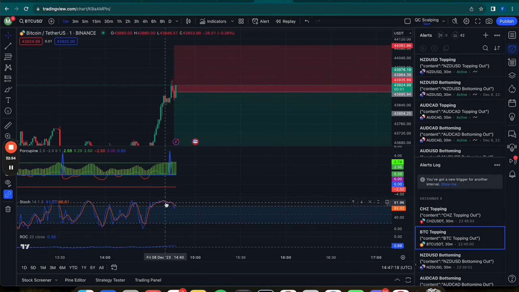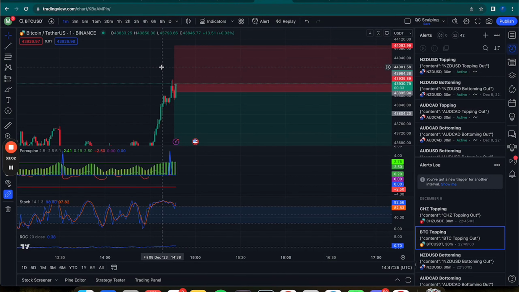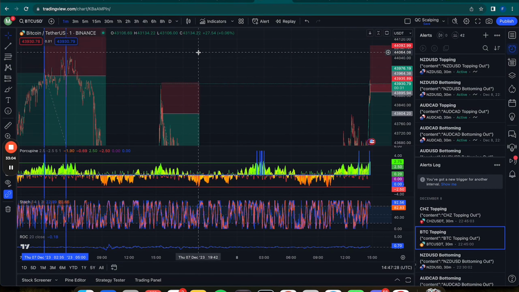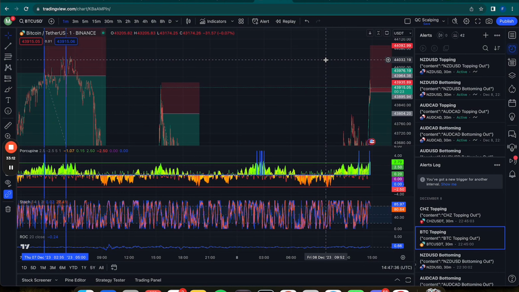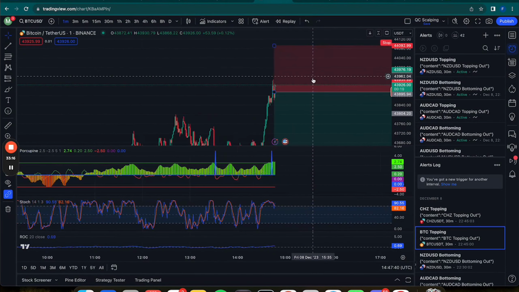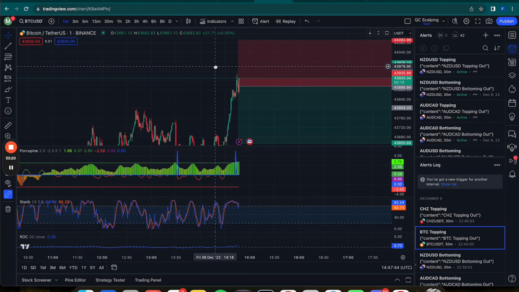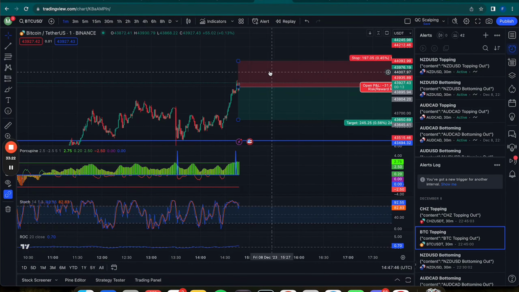So we want the 1 minute to not go further up, because if the 1 minute turned back around and went further up, that's bad news. We don't want the price to go any higher than here. As we talked about, this is a level where we would add in quite substantially, assuming that the 1 minute is topped out, right? So that's important. Now we just need to see what happens here.